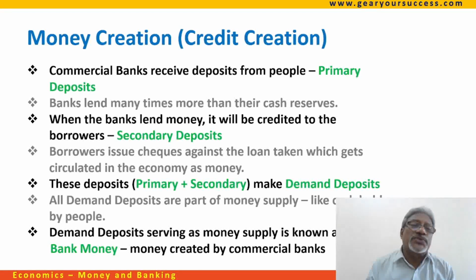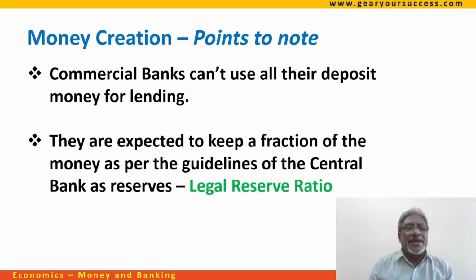Now let's try to see this with a very small, easy to understand example. Even before that, we need to note a couple of points. Commercial banks cannot use all their primary deposit money for lending.